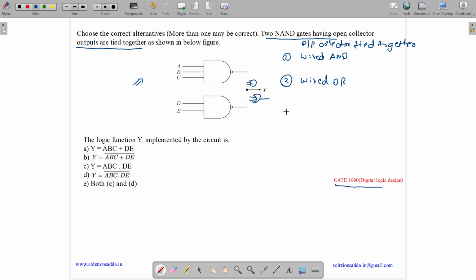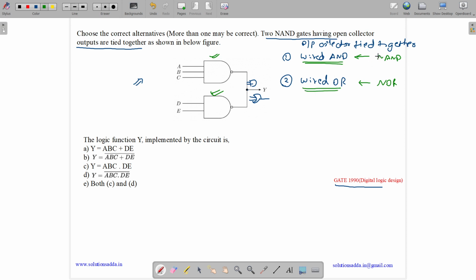Now we have some other logic for the wired AND gate. If the gates being used are NAND gates and the outputs are tied together, then it will create a wired AND configuration. And if NOR gates are used instead of NAND gates and the outputs are tied together, then it will behave like a wired OR.